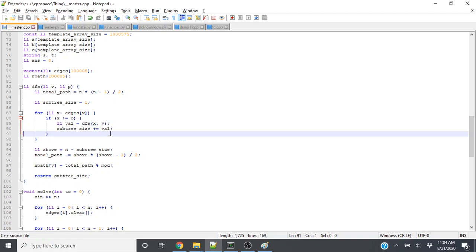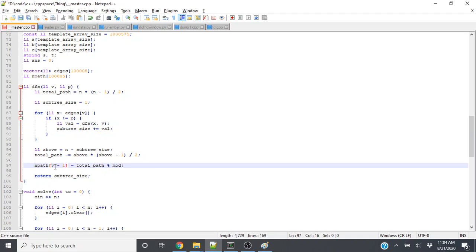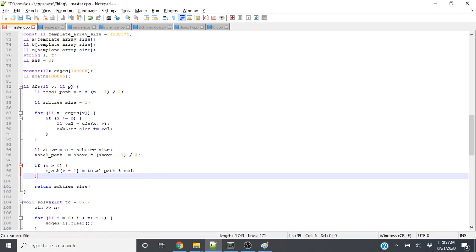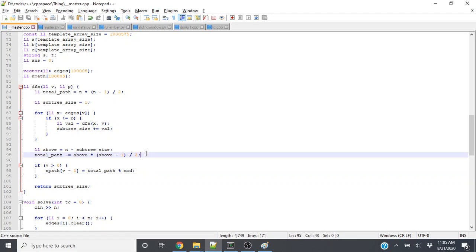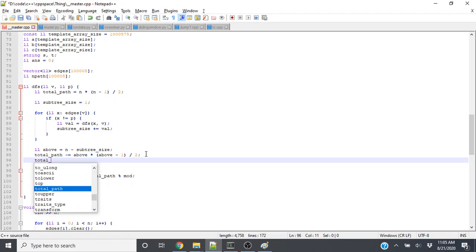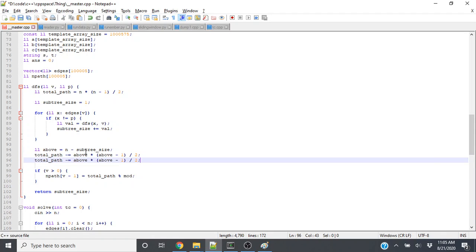So total path equals that. And path v minus 1, if v is greater than 0, because we don't want to do it for the root. Total path minus equals, just copy that, subtree size minus 1.